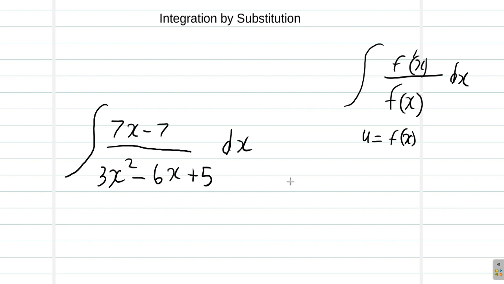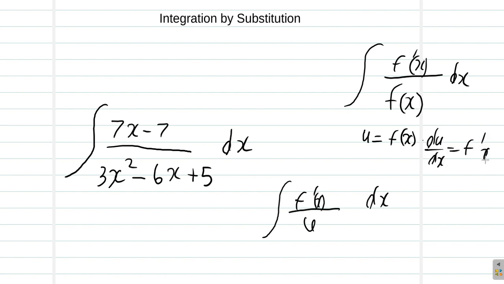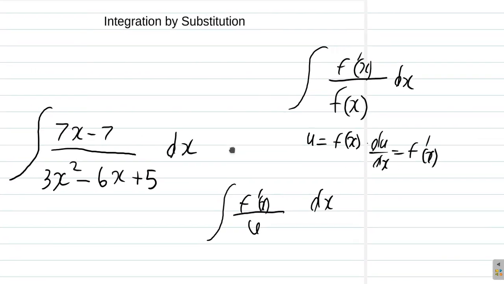So what you're going to have is the integral of f prime x over u dx. But if you now say du by dx is equal to what? It's f prime x, right? du by dx equals f prime x.